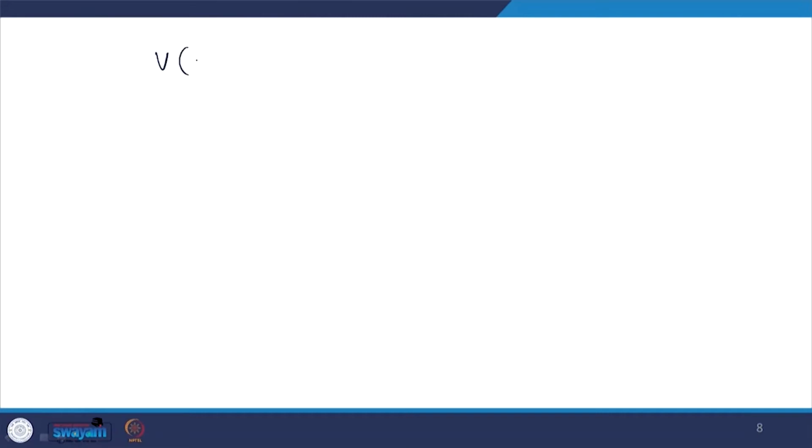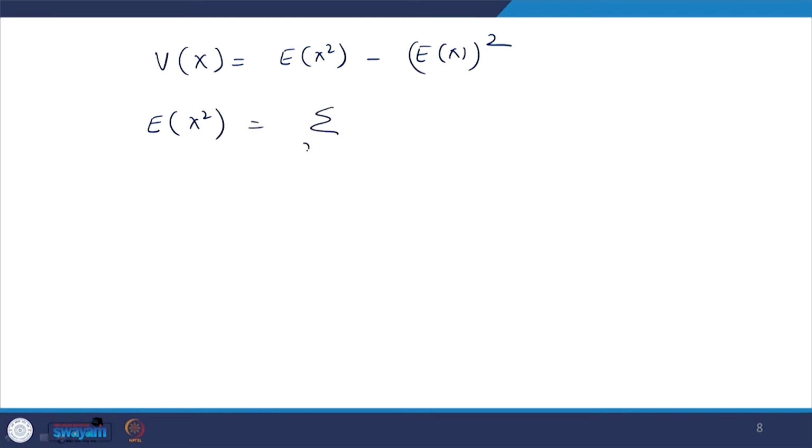Now, if you want to find its variance, the variance will be expectation of x square minus expectation of x whole square, as we have already seen. Now, what is the expectation of x square for this? This is summation x from 0 to infinity of x square into lambda raised to power x e raised to power minus lambda upon factorial x.